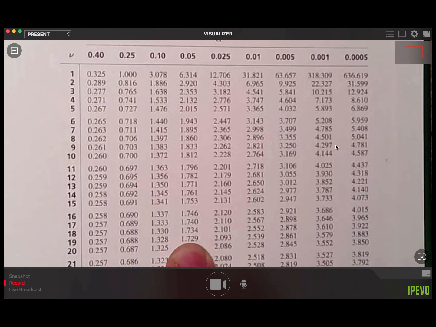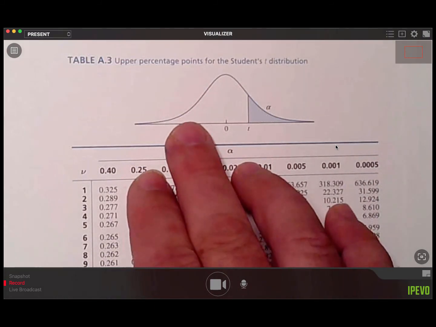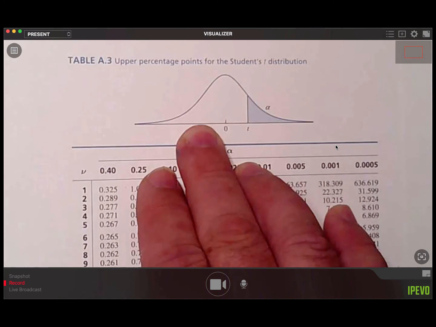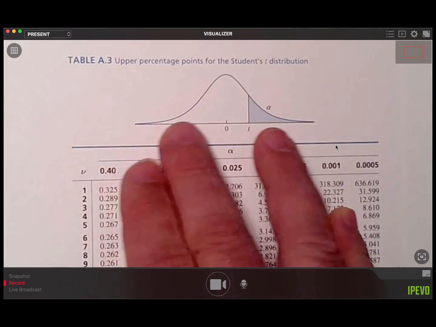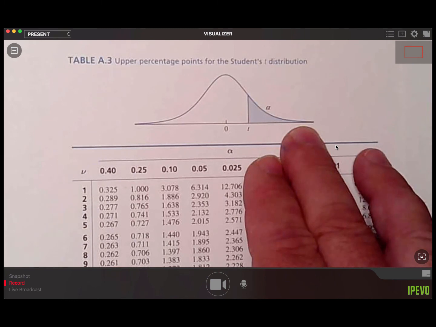If you look back, and we'll look back in a second, at the calculations we did with R, it gave us a negative 1.729. That's because R is looking at percentiles, and it says the place right here, negative 1.729, is the place where the area to the left is 0.05. What this table here is giving us is the number where the area to the right is 0.05.